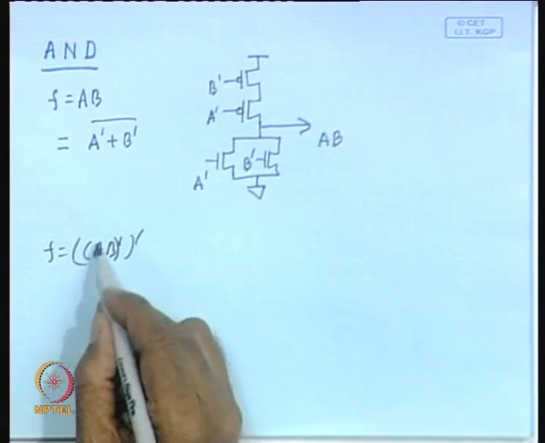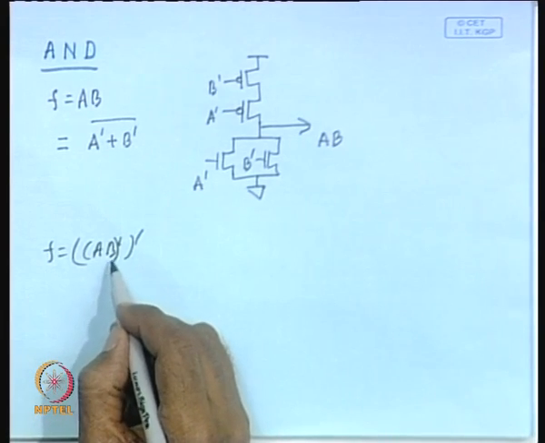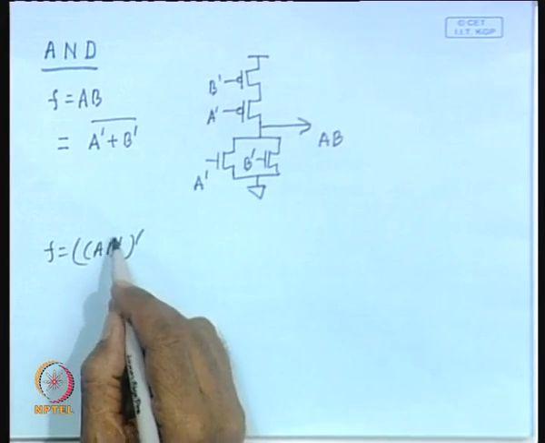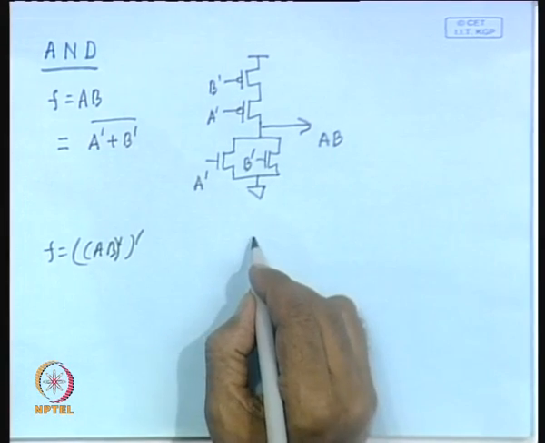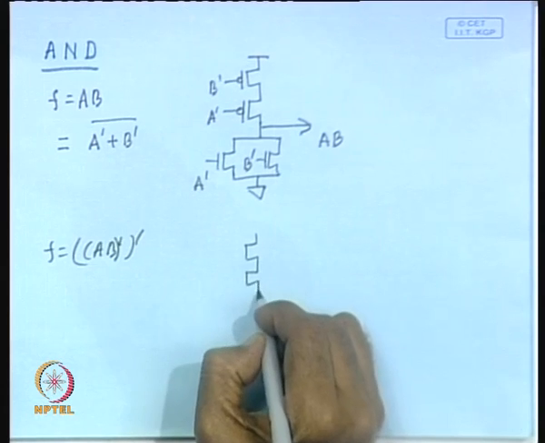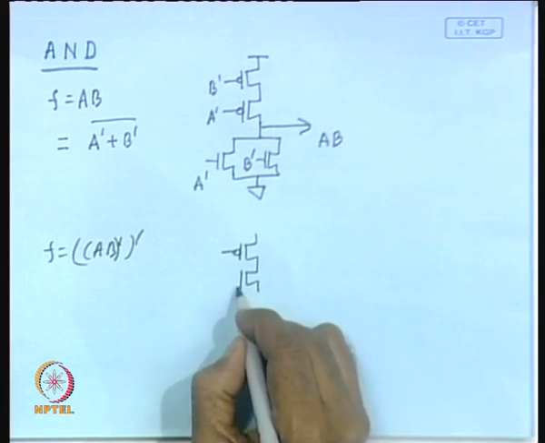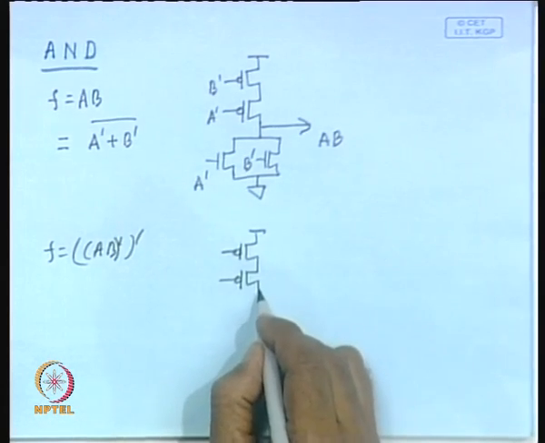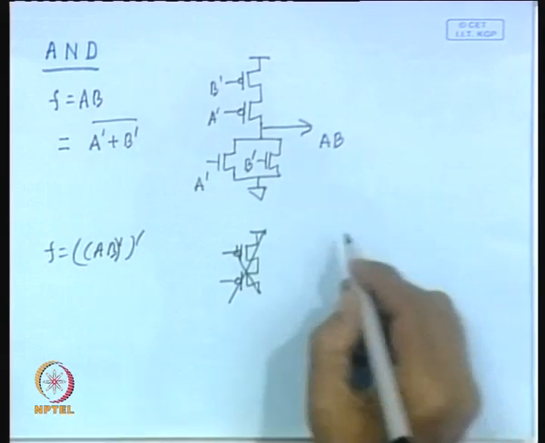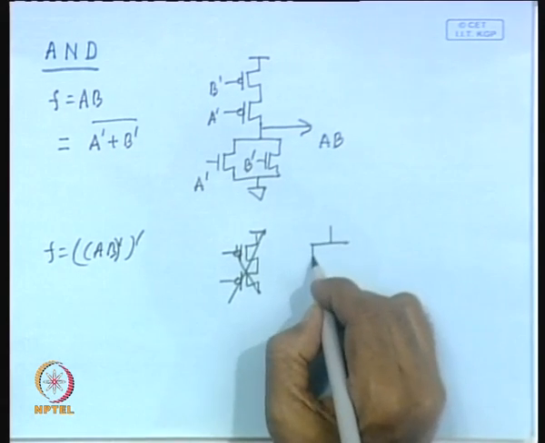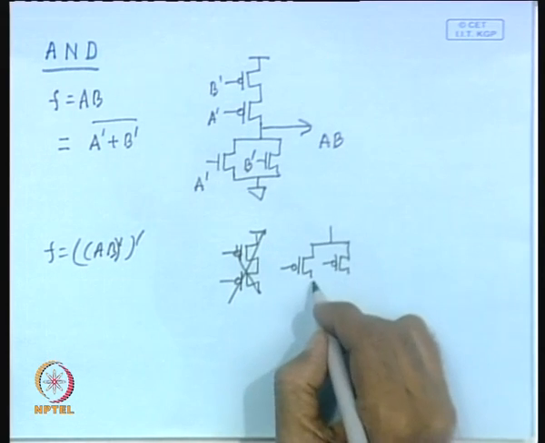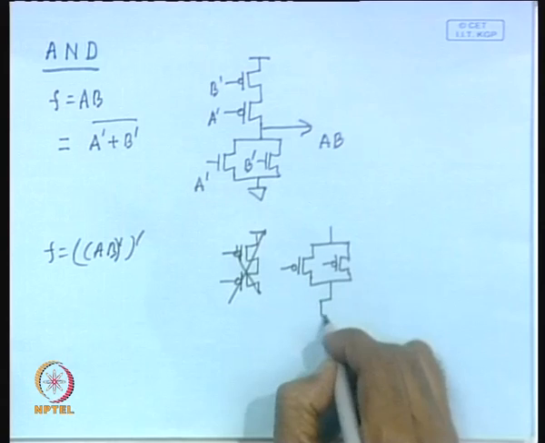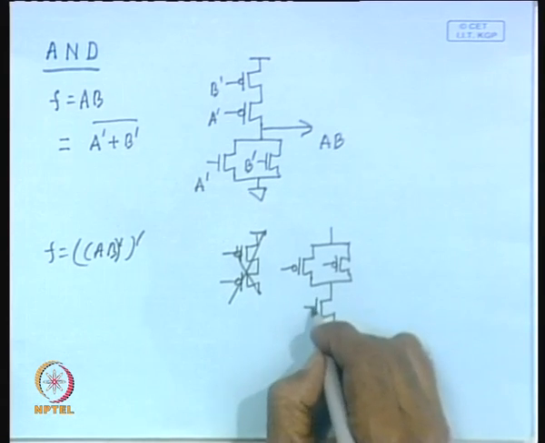That means, you will be realizing a NAND gate and put an inverter. For example, you already know how you can realize a two input NAND gate. Sorry, to realize a NAND gate, you will require two PMOS transistors in parallel and two NMOS transistors in series.